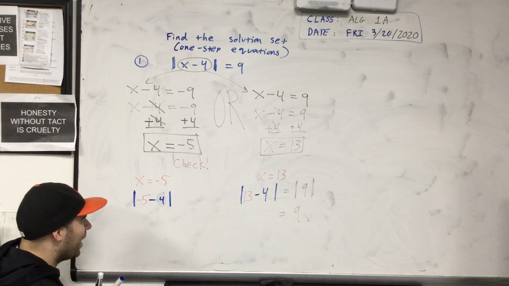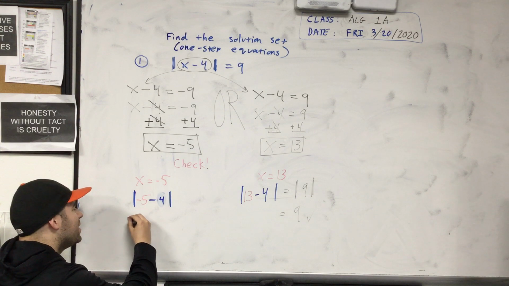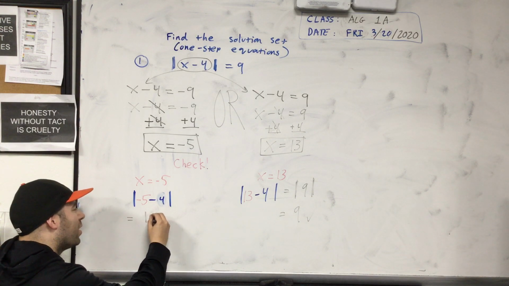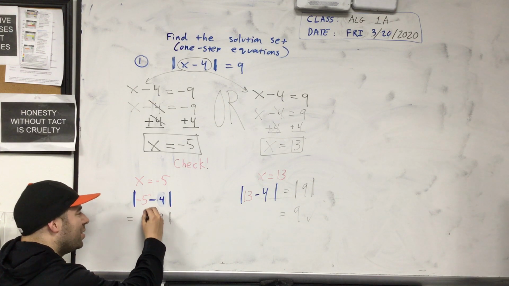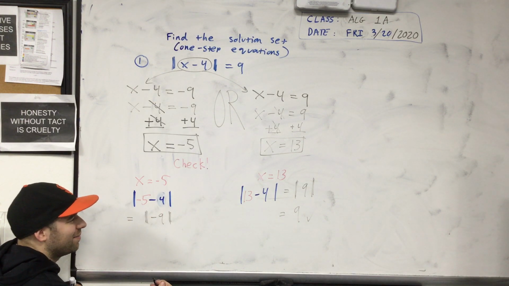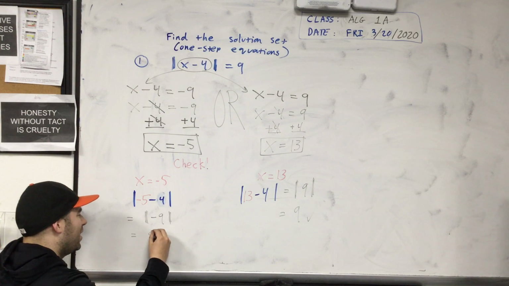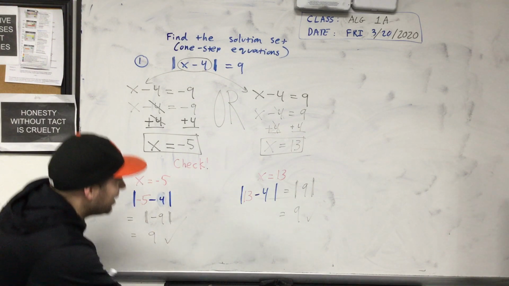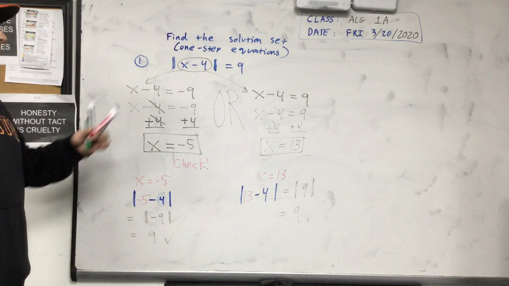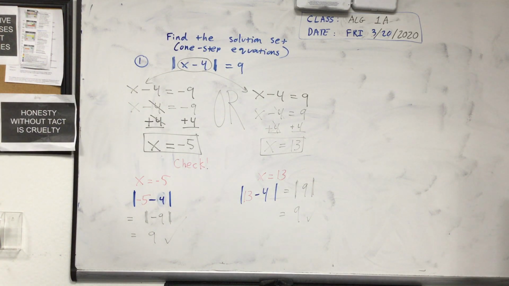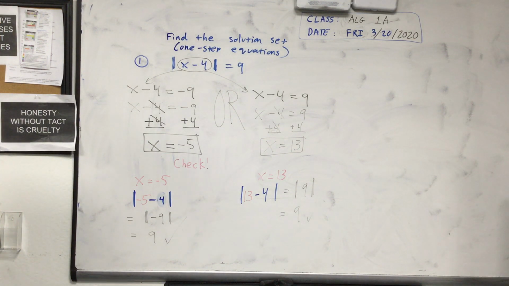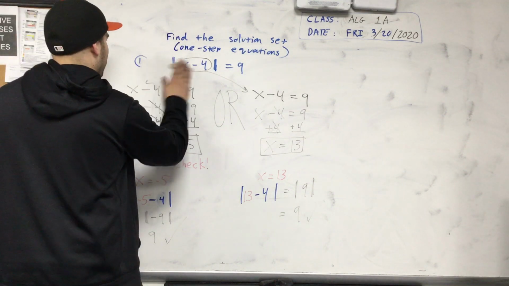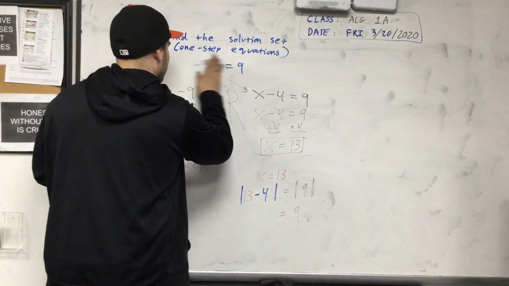So negative 5 minus 4 is negative 9, but remember, we are still in the absolute value bars. What is the absolute value of negative 9? Still 9. Therefore, we have satisfied both requirements that make this statement true. The inside can be equal to 9 or negative 9. Okay. See if you can do the next problem on your own.